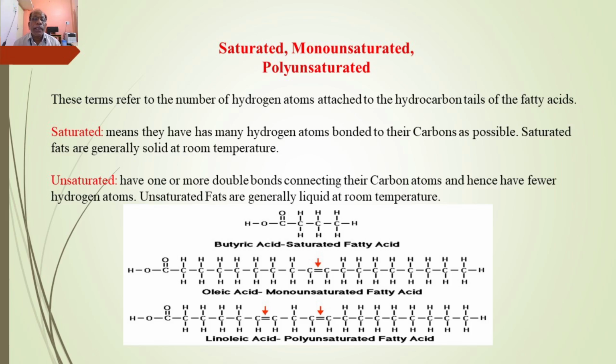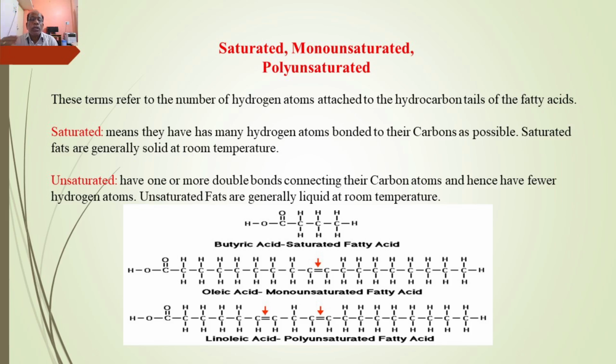Oleic acid is an example of a monounsaturated fatty acid because it has one double bond in its chemical structure.